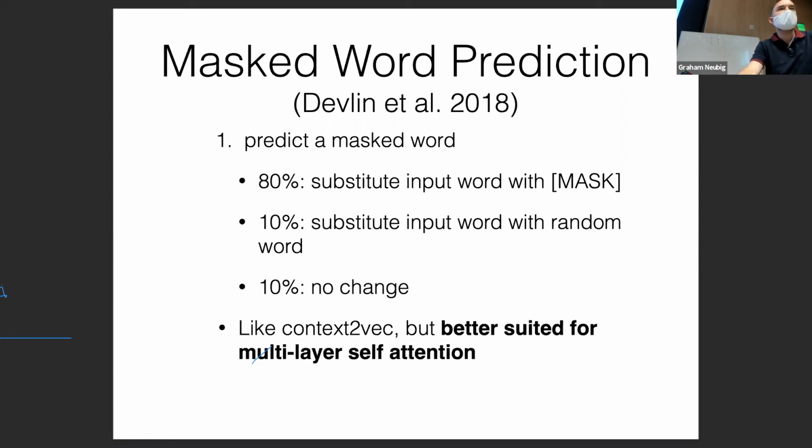And you can show that by doing this, you get a model that's better at predicting entities. There's also work on adapting these language models to new domains, where you can try to pick domain-specific words and mask them out to make training faster. But in general, it's done at random.